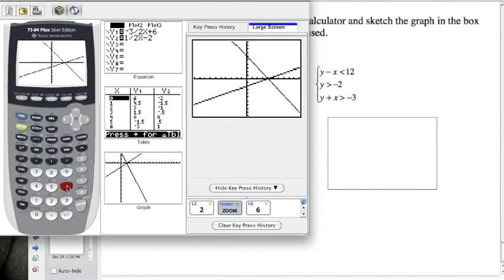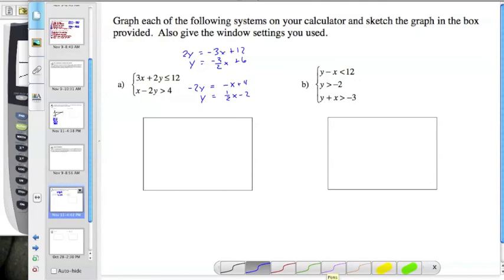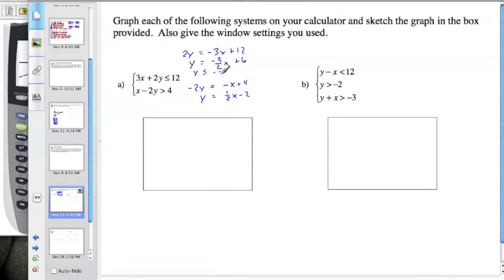Now, if we go back and we look, we notice that these are not equal signs. My first one actually comes out to be y less than or equal to -3/2 x plus 6. So I'm going to want to make sure that I use a less than or equal sign. So this is what we do.